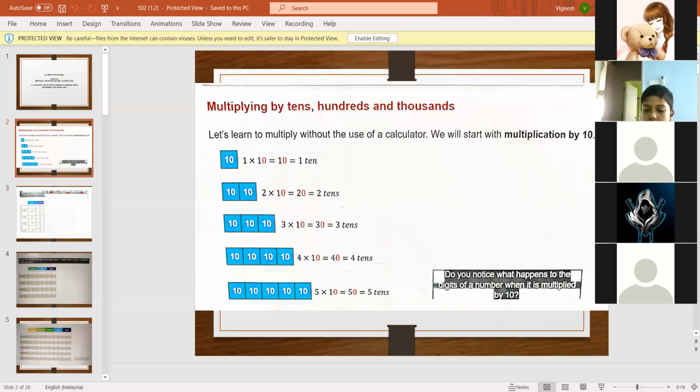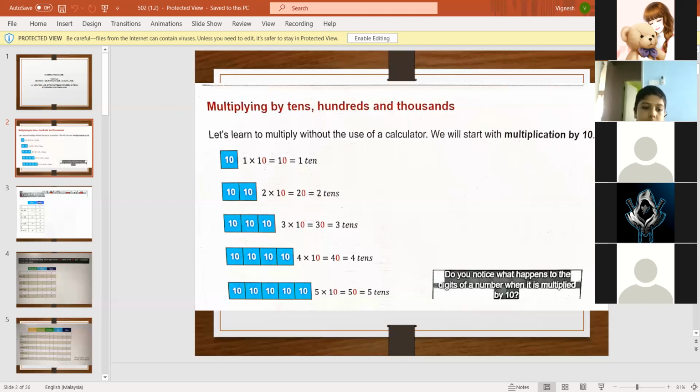Yes, there will be a 0 in it. You need to add the 0, for 10 you have to add one 0 at the back.